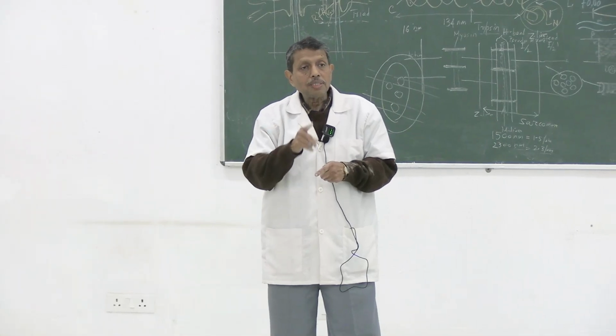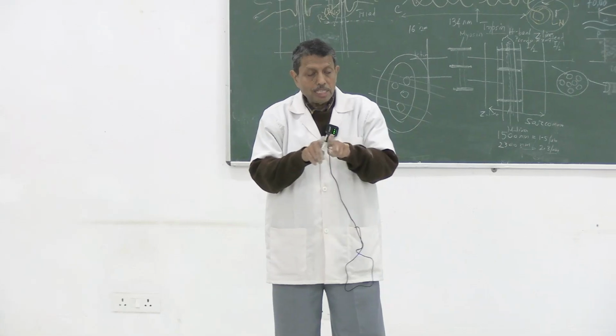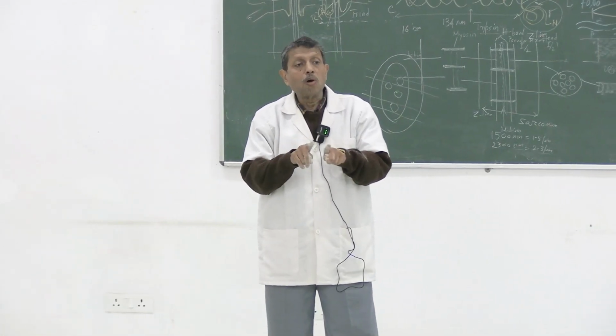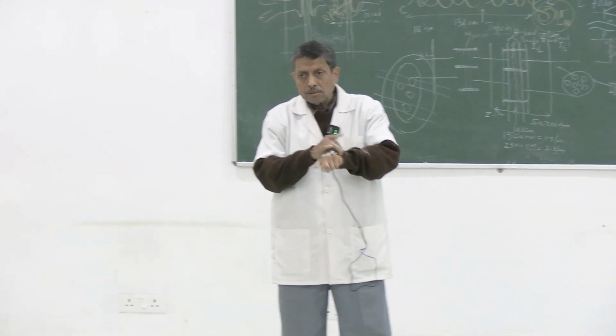Individual filaments have their length fixed, but the H band will disappear, and the I band will almost completely disappear in complete contraction. Clear? I think it is all for today.